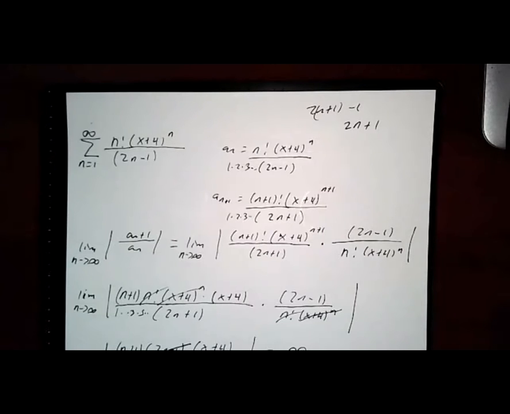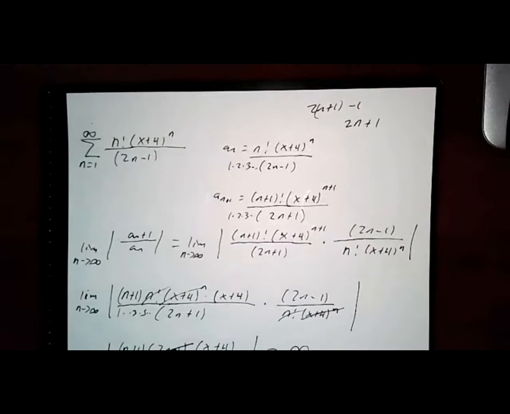Is it because the 2n-1 and the 2n+1 both have 2n, so you can just cross them out? Oh, wait a minute. Say that one more time. The 2n-1 and the 2n+1 both have 2n, so can you cross those out?